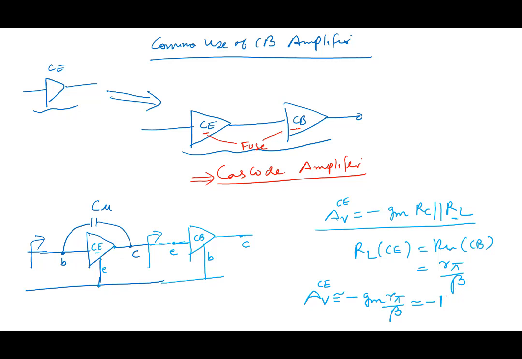So the gain of the first stage becomes 1. The common emitter amplifier I've used, its gain is 1. Why? Because its load is so low, R pi by beta. Even though AV0, the open circuit voltage gain, may be 100, when you connect a load which is so small, the gain becomes 1.